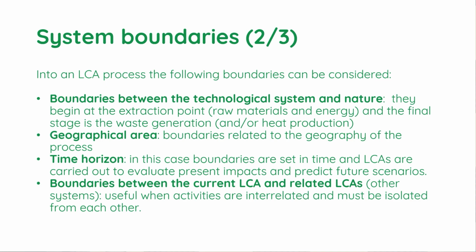Then we have the time horizon, so in this case boundaries are set in time, and LCAs are carried out to evaluate present impacts and predict some future scenarios. And then we have boundaries between the current LCA and related LCAs. This is useful when activities are interrelated and must be isolated from each other.